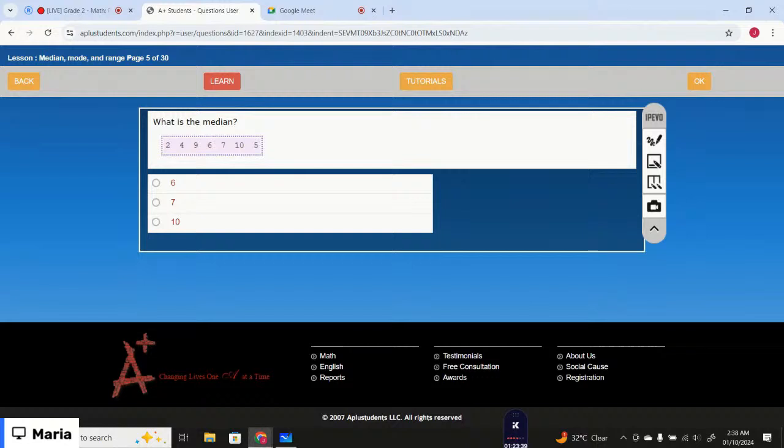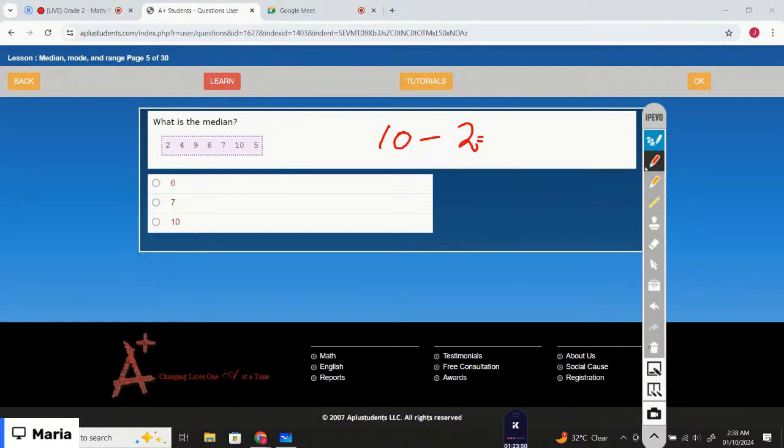So again, you have to calculate the median. Just arrange these values from least to greatest. 2, 4, 5, 6, 7, 9, and 10.